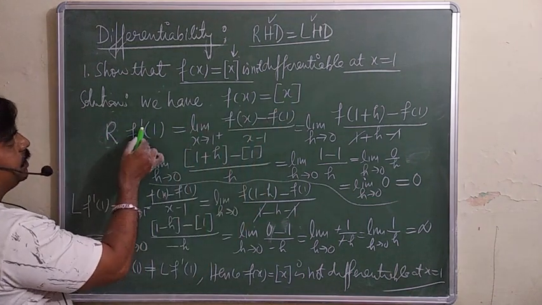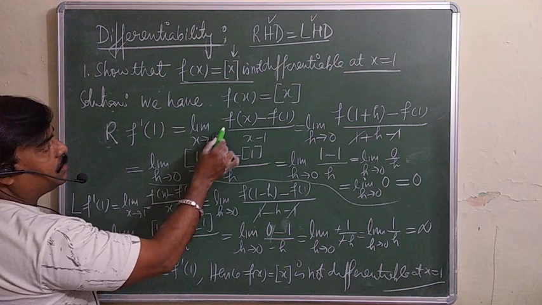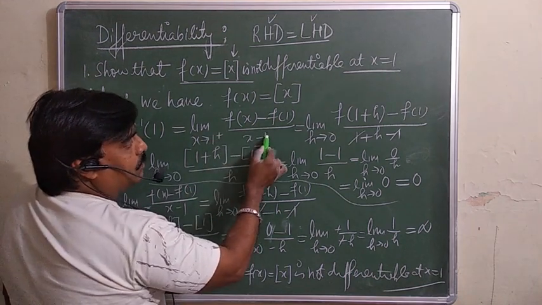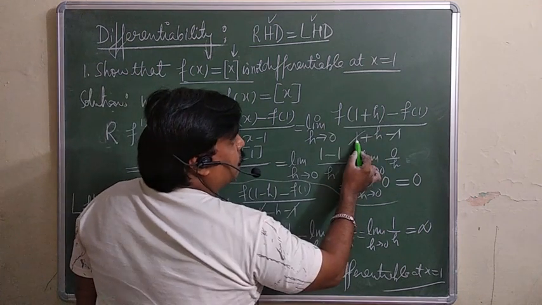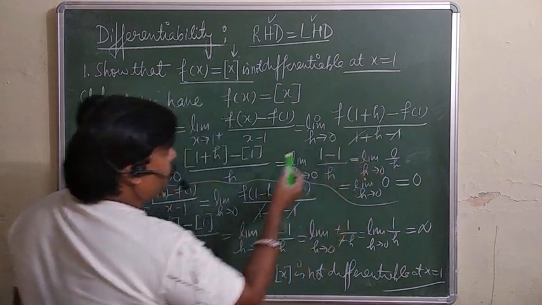The right hand derivative is limit x tends to 1 plus of (f(x) minus f(1)) over (x minus 1), which is equal to limit h tends to 0 of (f(1 plus h) minus f(1)) over ((1 plus h) minus 1). The 1 will cancel out and we get h.